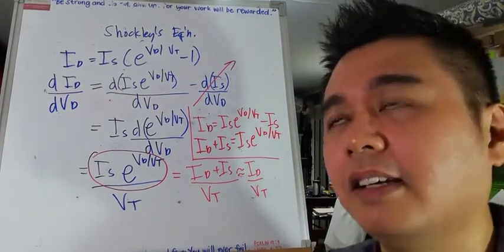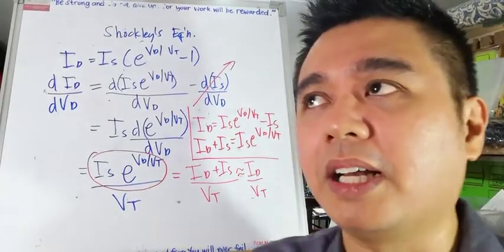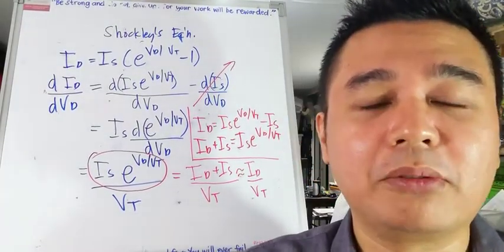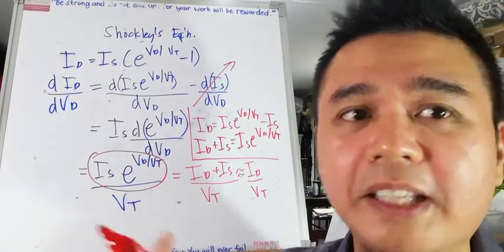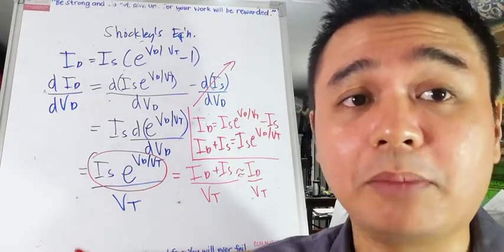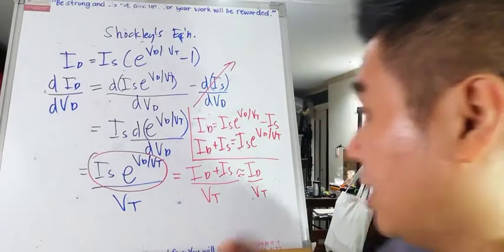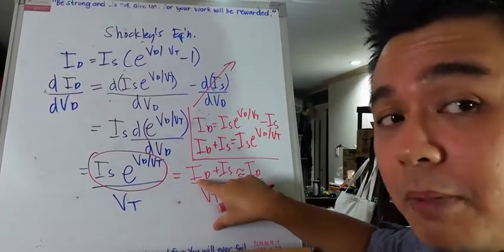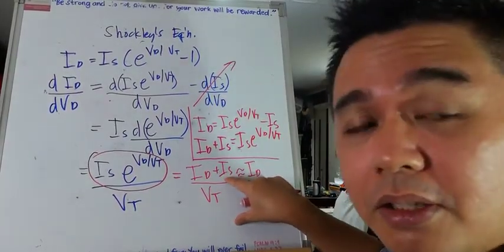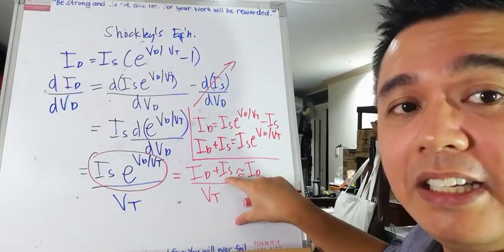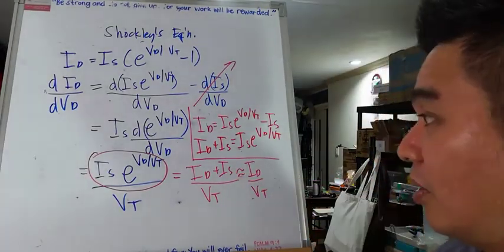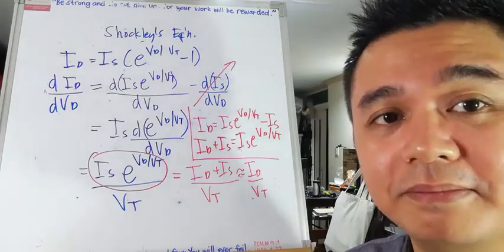So parang nag-add ka ng let's say 1 million plus 1,000. Di ba? Or 1 million plus 10,000. Yung butal na yon, pwede na nating approximate dun sa mas malaking value. Dahil mas malaking I sub D, pwede na nating i-omit yung I sub S dahil sobrang liit niya. So magiging I sub D over V sub T na siya.